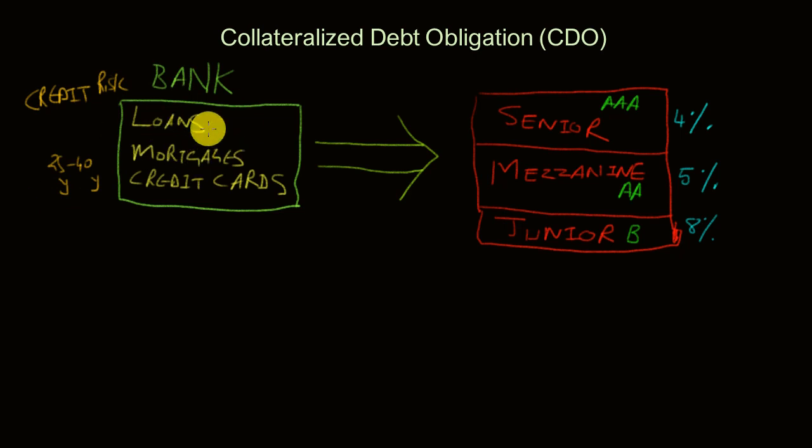So what banks do is they take all these debts, they transfer those into a different entity, and then they sell these to investors as an investment product. So what do we mean by this? Let's assume that this bank has, for example, 100 million worth of loans, 50 million worth of mortgages, and 100 million worth of credit cards.